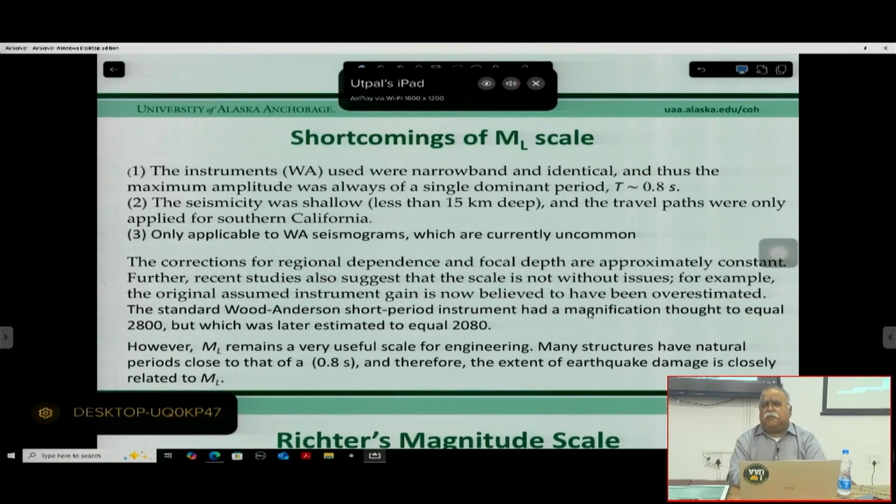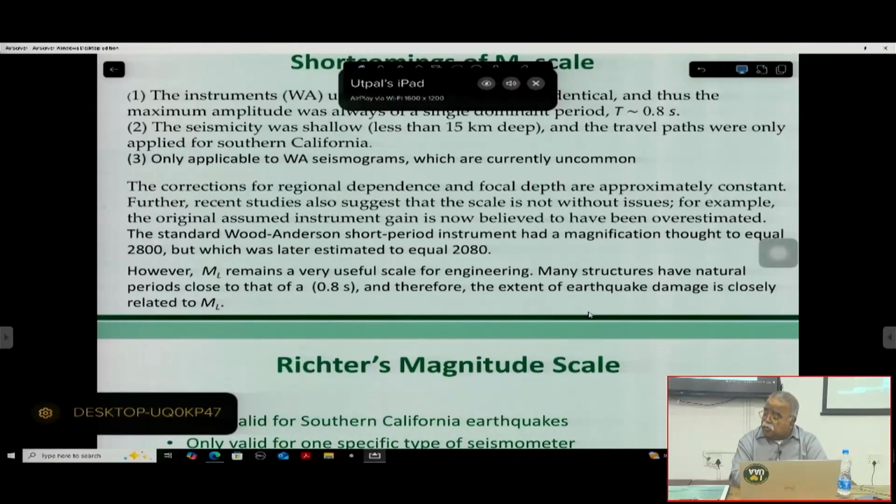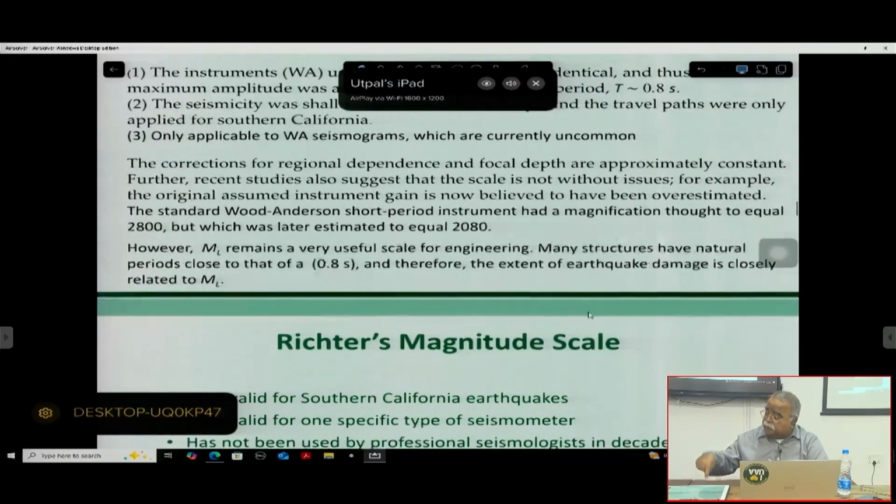But fortunately for California, since the earthquakes are very shallow, Richter was a little bit lucky when giving this relation, because he had fortunately taken all shallow earthquakes. And the Wood Anderson seismogram is uncommon nowadays, and it will be very difficult to use this scale for our daily reporting.